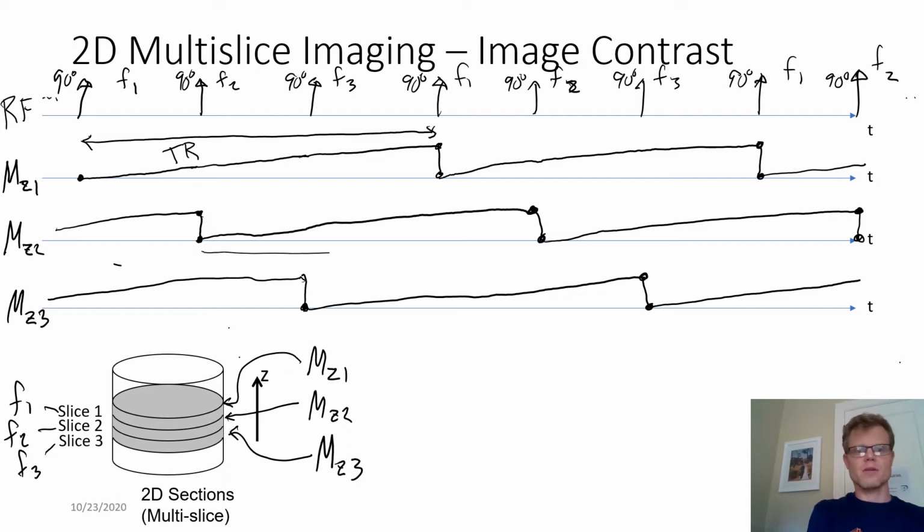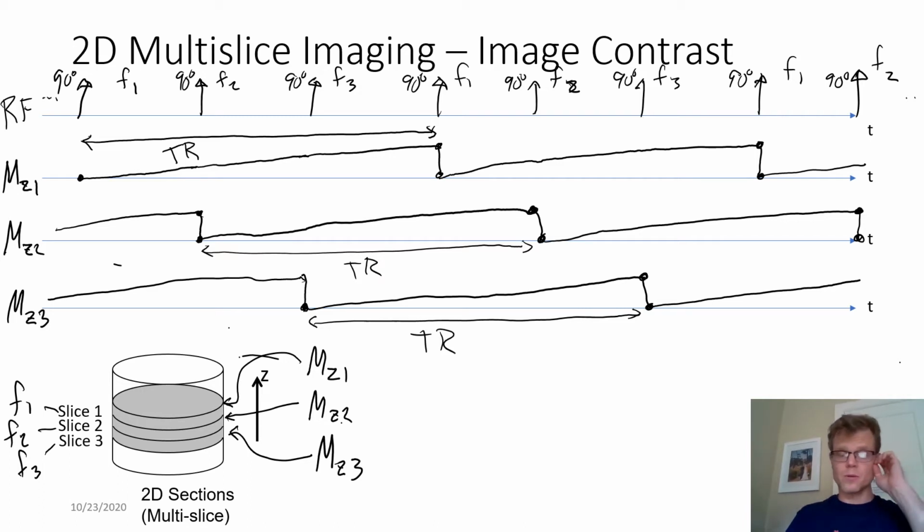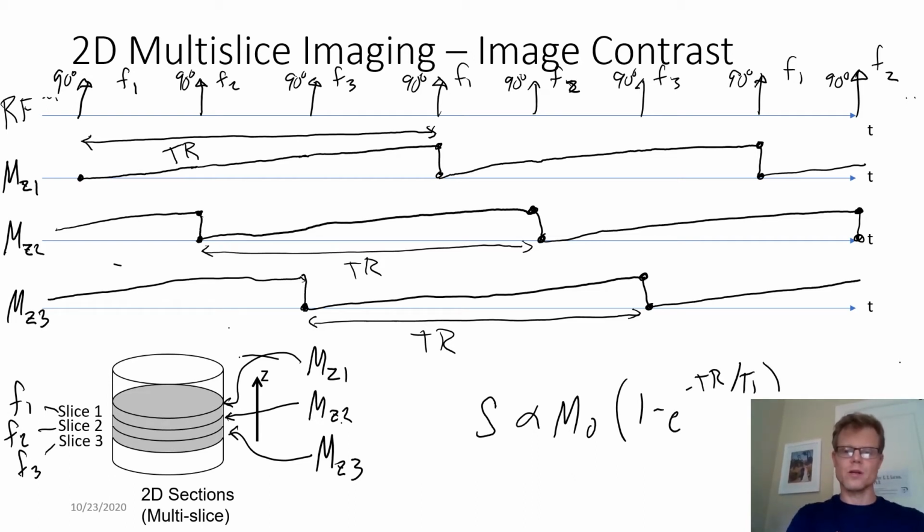So it's the same for each of these slices. And then we're still going to get this signal relationship where the signal is proportional to, in this case, M0 times 1 minus e to the minus TR over T1, where TR is the repetition time between the same slice.